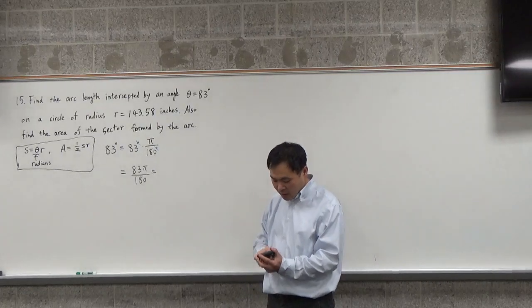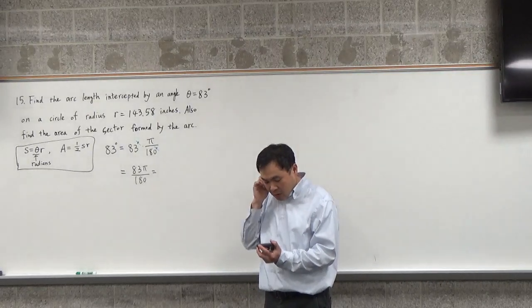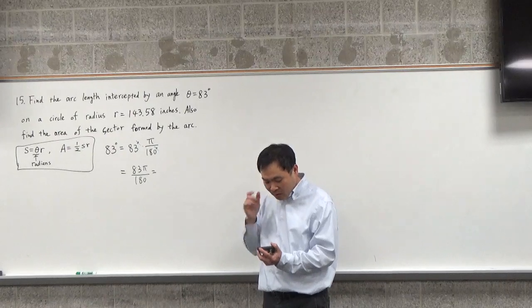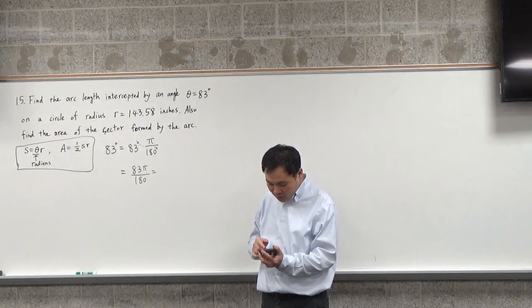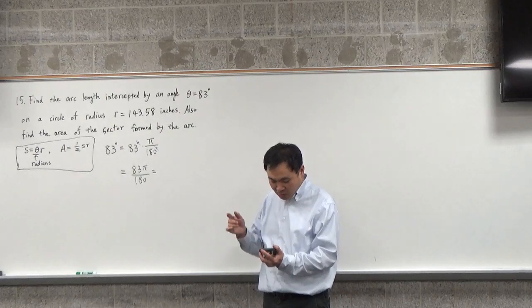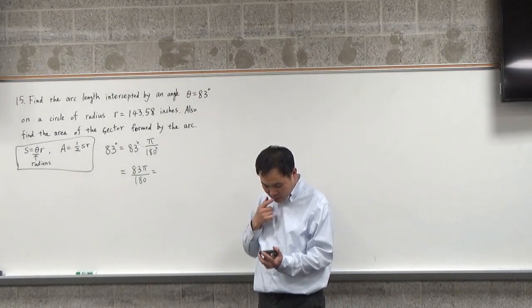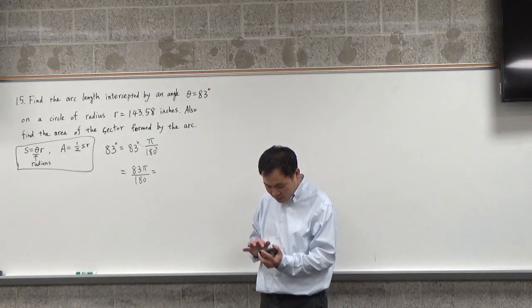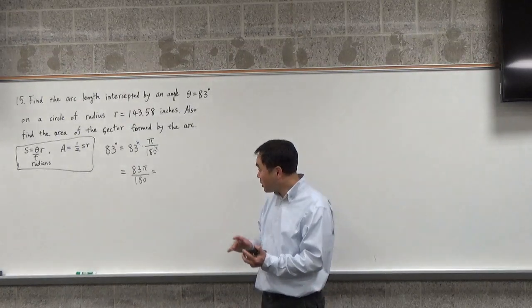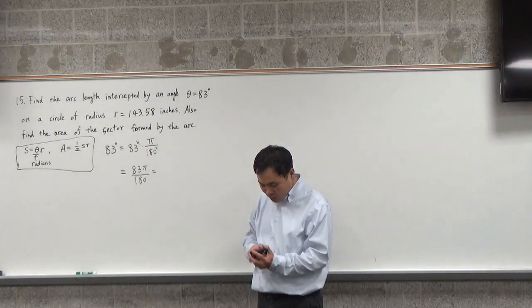Let's try that. 83 times pi. Most scientific calculators have pi somewhere, and it's easier to use that pi rather than using 3.1416. So I found my pi, so let me use that. Then you have to divide by 180.